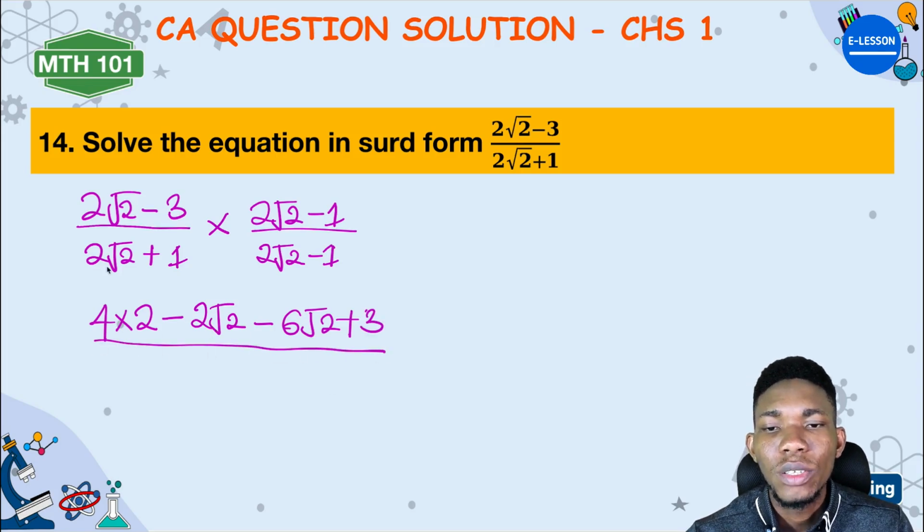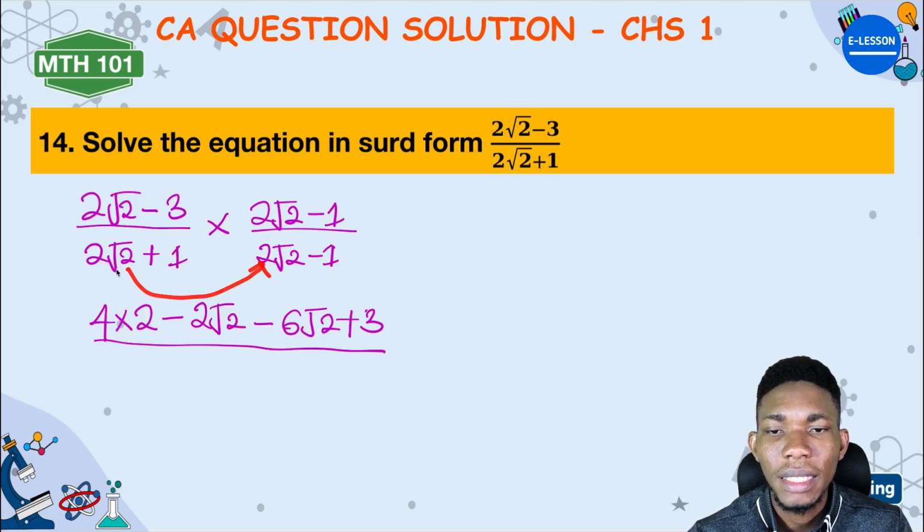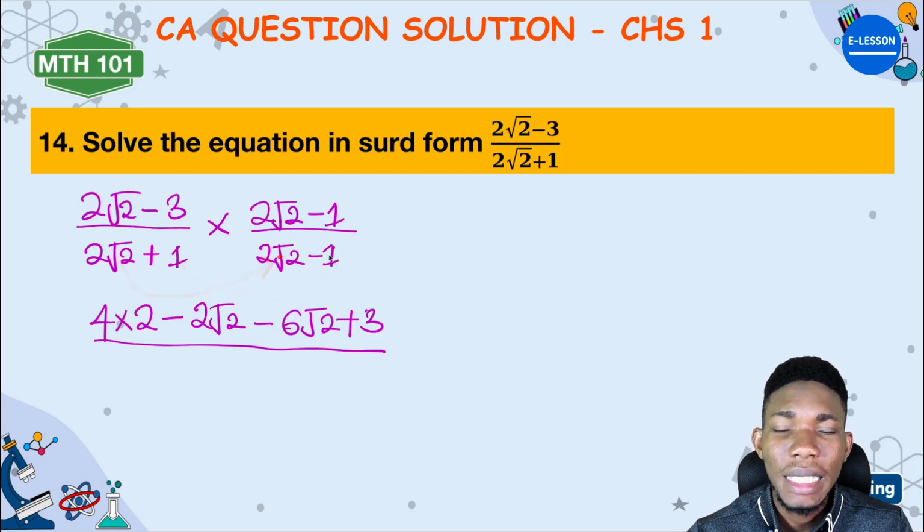Divided by, I told you that when you have something like this, it is the difference of two squares. Whenever you have something like this that both of them are equal, the only difference is their sign, use this one to multiply this, and then use this one to multiply this. Use this to multiply the first one from here to multiply the first from here. This is only applicable when they are the same, but the sign differs. Is that okay?